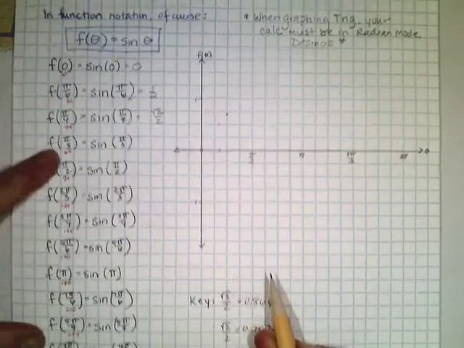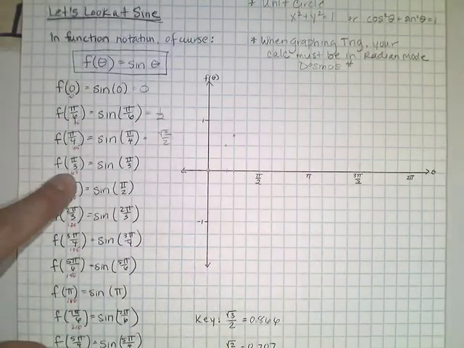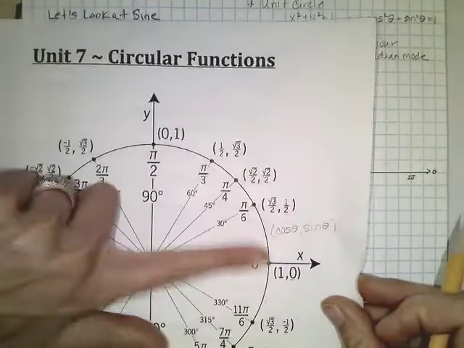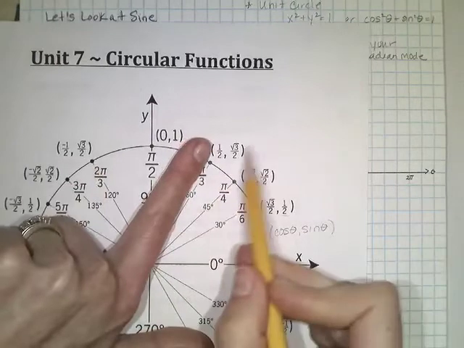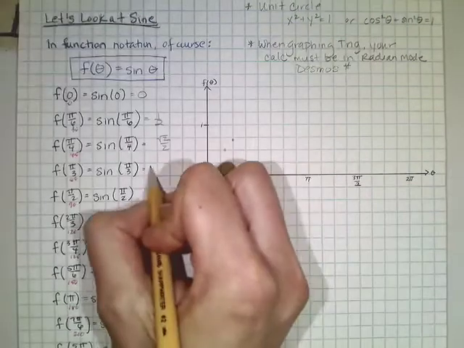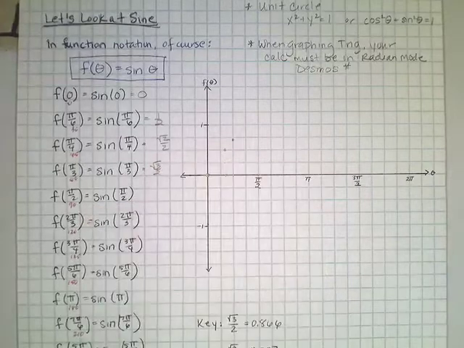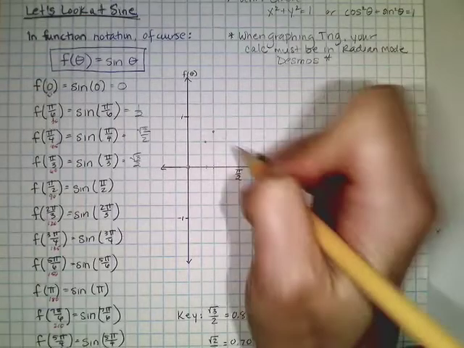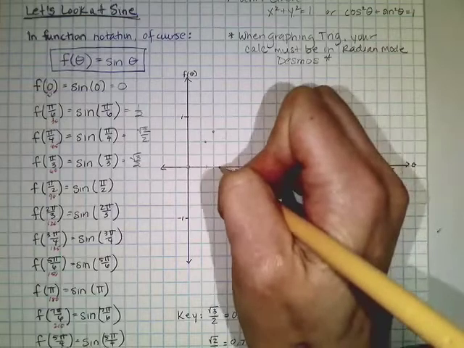Then pi over 3, your 60 degrees, the y value is radical 3 over 2, which is about 0.866, so it's right about here.